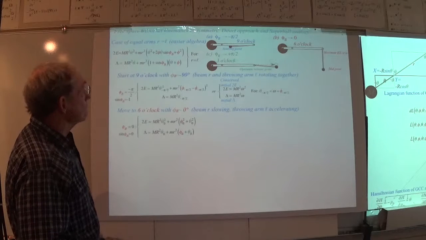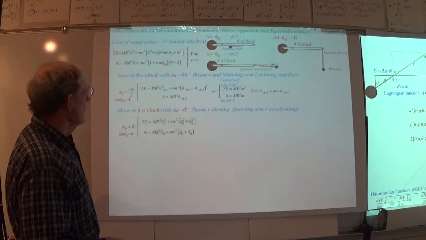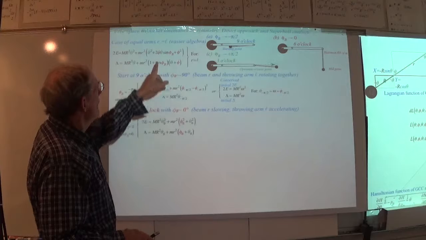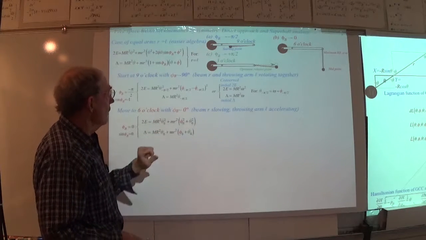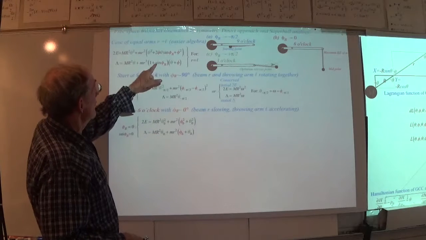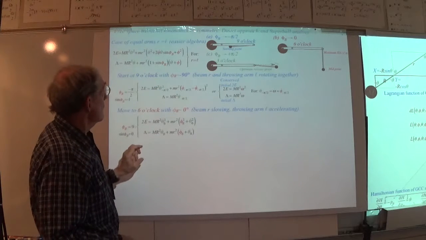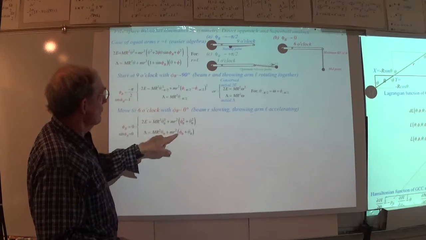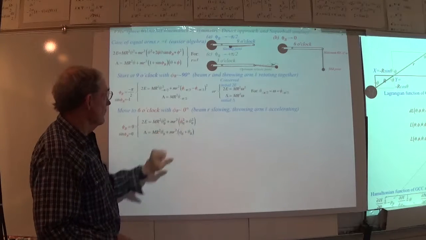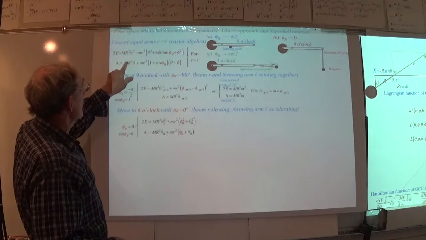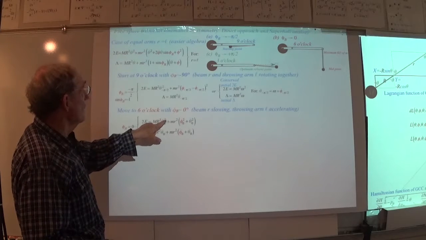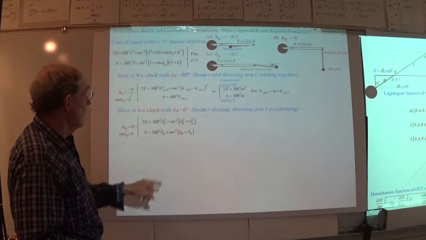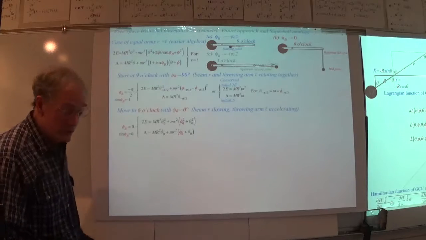So see if there's anything I can say more about that. This sine right here goes to 0, so I'm getting the sum of the squares of them. And this sine right here goes to 0, so I'm just getting mr squared, the sum without the squares there. And then we still have this sine in both of those equations. Just this one has a square on the velocity, this one does not. So far so good.